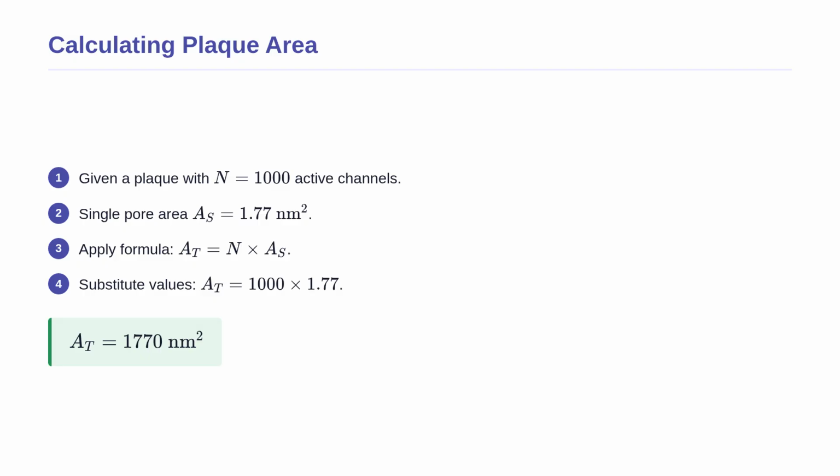We simply plug these numbers into our formula, multiplying 1,000 by 1.77. The calculation shows that the total permeable area is 1,770 square nanometers. This beautifully illustrates how cells use teamwork and sheer numbers to overcome the tiny, microscopic size of individual proteins, ensuring your heart beats perfectly.